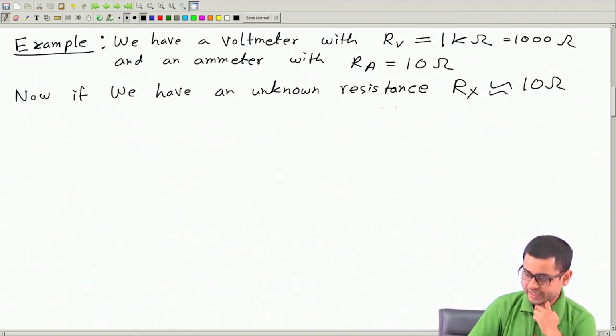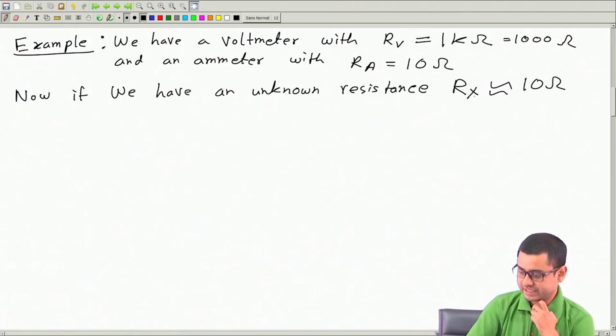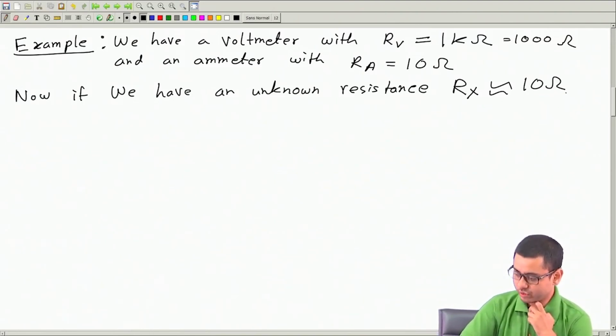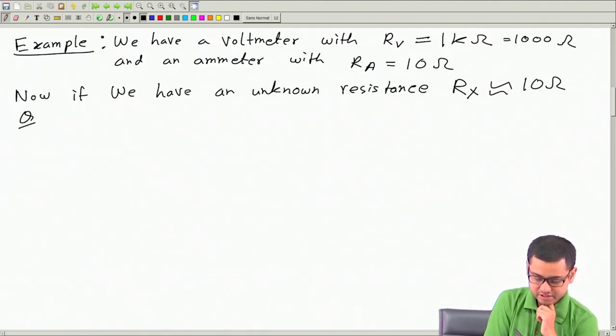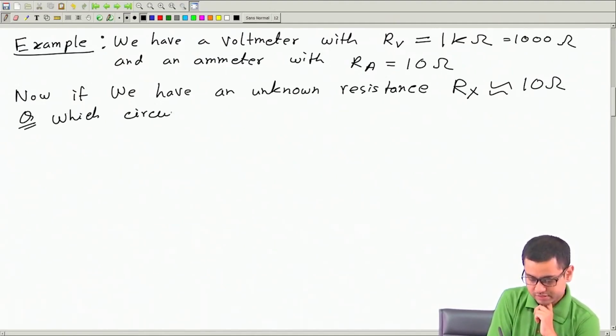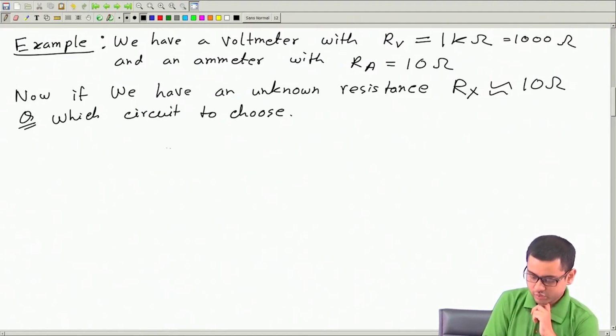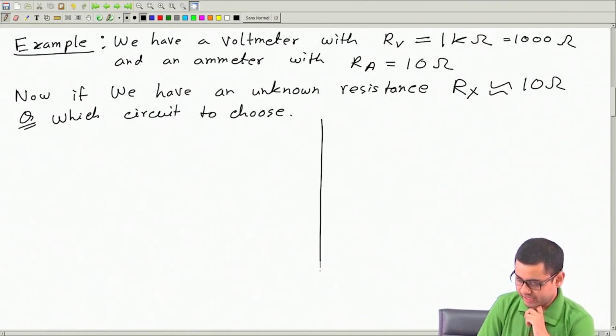If you have a resistance whose value is approximately 10 ohm, then which circuit should we choose? Then the question is which circuit to choose. So let's try two circuits side by side.